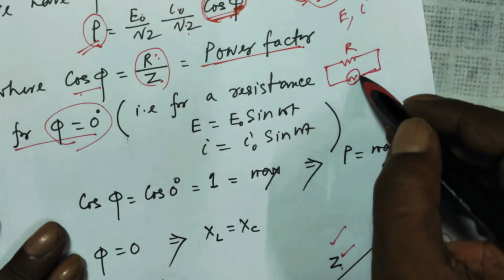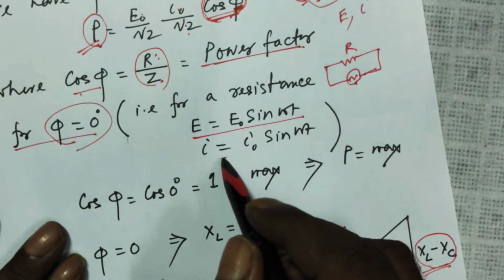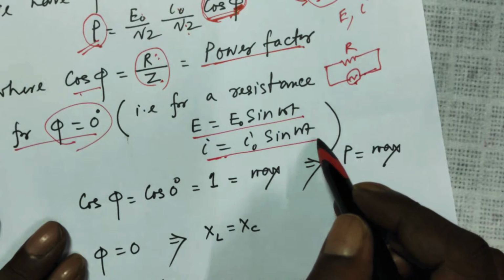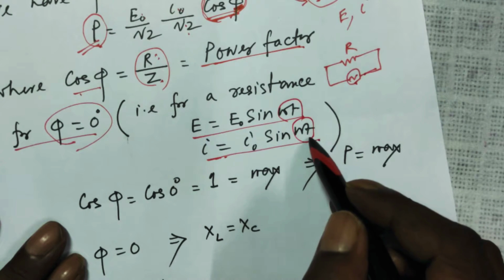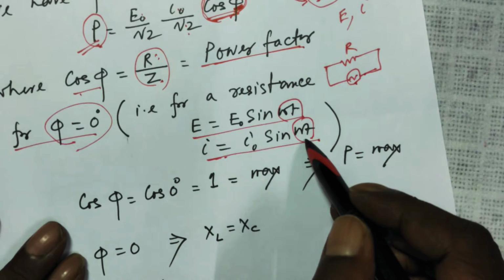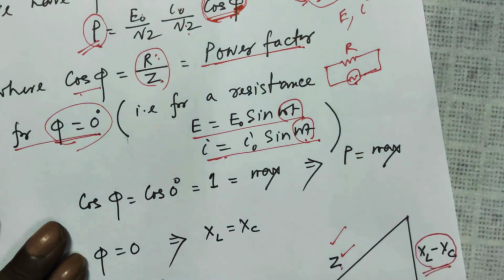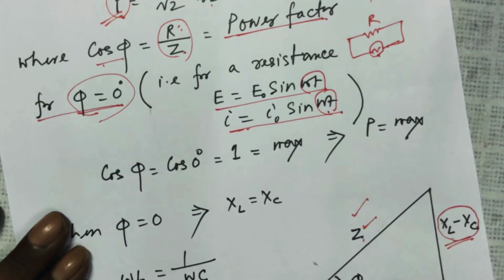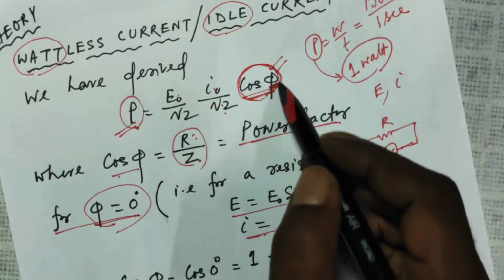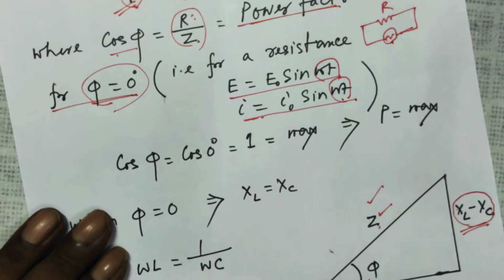alternating EMF was applied. Your E was equal to E naught sin omega t and your I was equal to I naught sin omega t. So omega t, there is no phase difference. Means this minus this is 0, that is, phase difference is 0 for a circuit containing resistance only. So how much will cos phi be for a circuit containing resistance only?